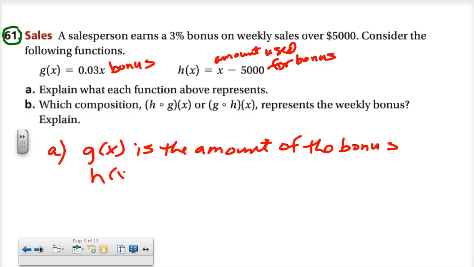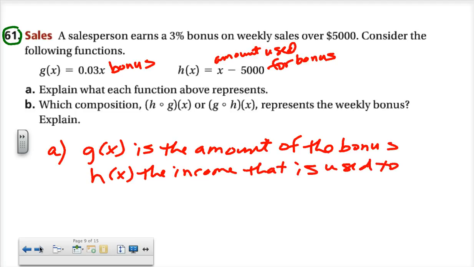And h of x is the income that is used to calculate the bonus, because the sales have to be over $5,000. They subtract 5,000 and whatever's left was above that 5,000.